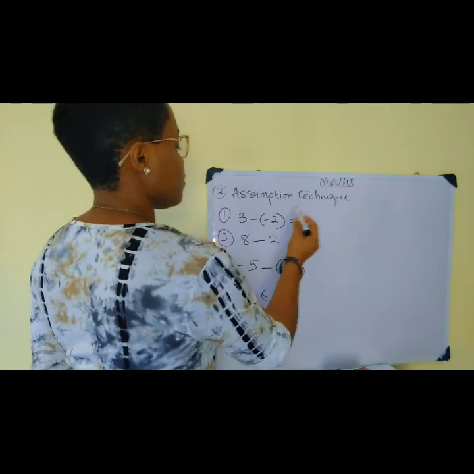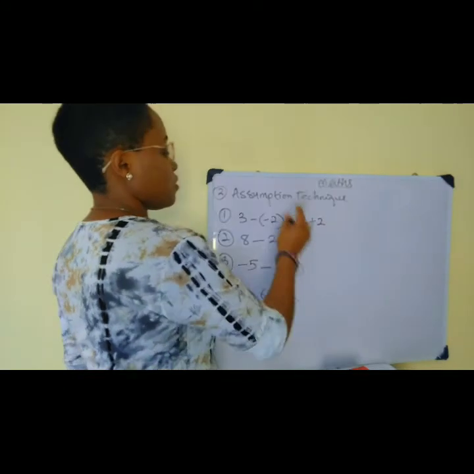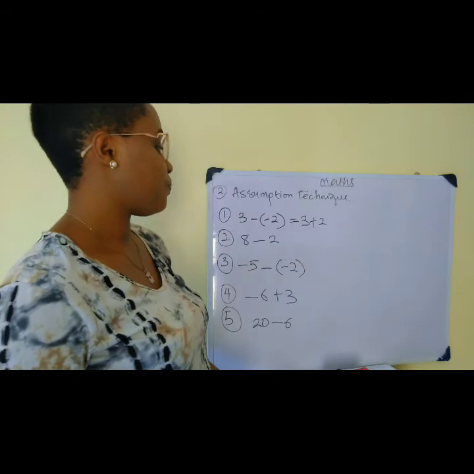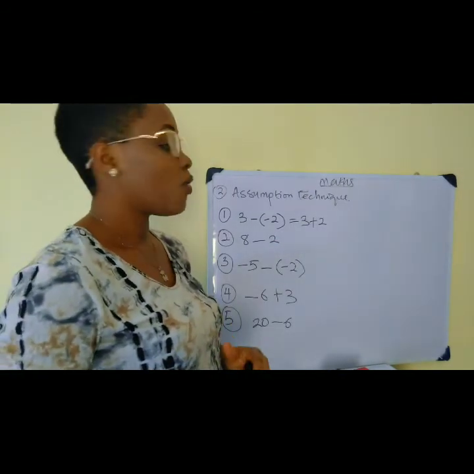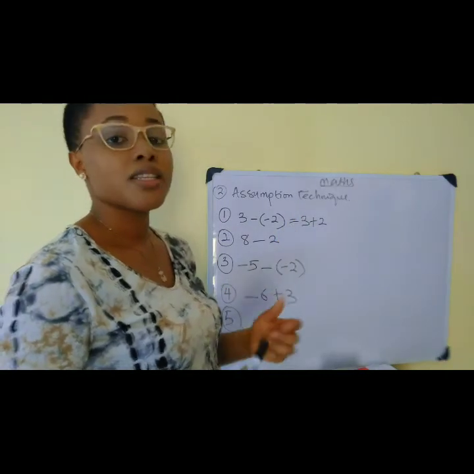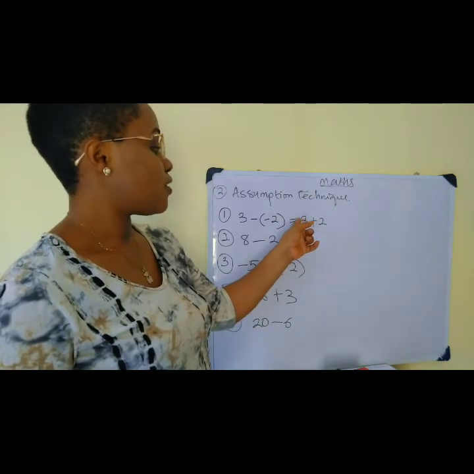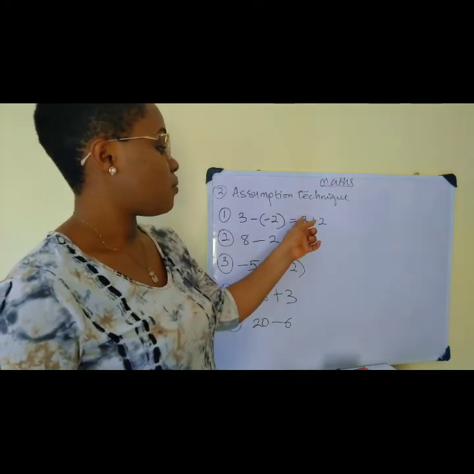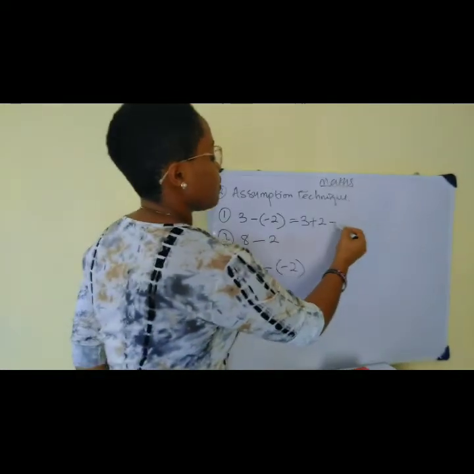So negative multiplying another negative give us positive. So this is 3 plus 2. And I told you that in assumption technique, all you have to do is assume that the positive number is the money that you have at hand. So this is 3. You have 3 plus another 2. What you're going to have is 5.